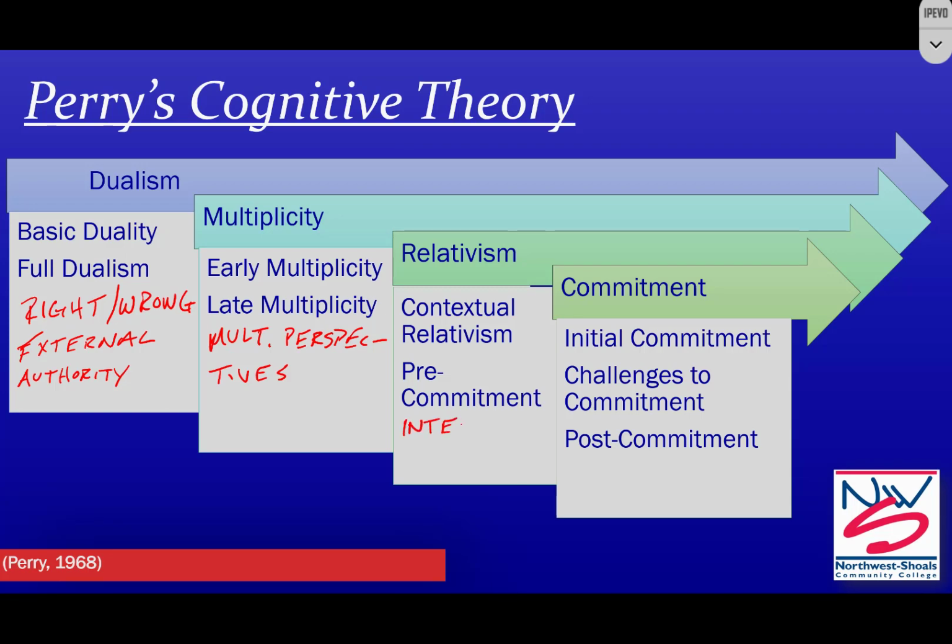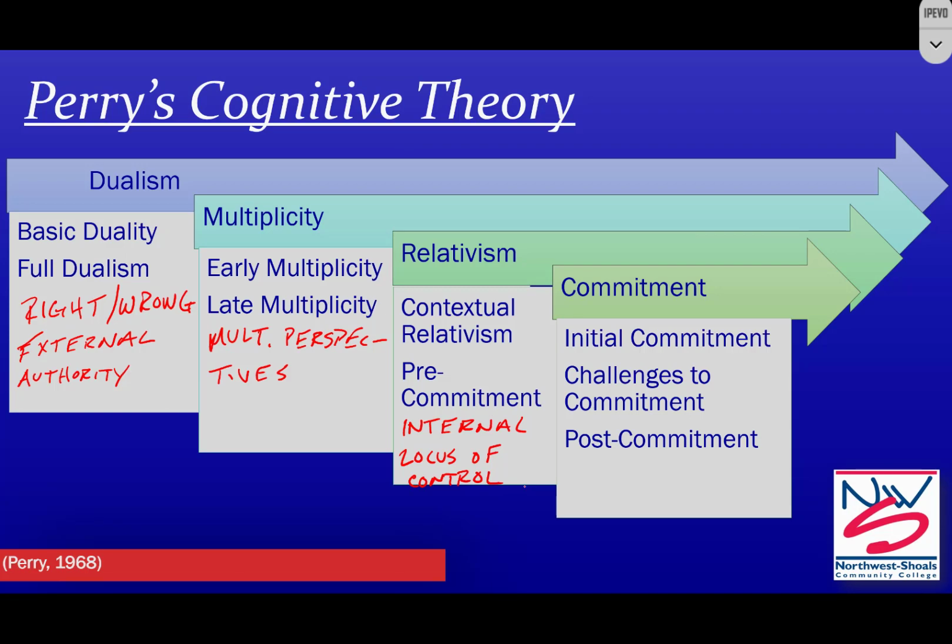So here we develop this internal locus of control, where we no longer have this need to look to external authorities to tell us what is right and what is wrong, because there's not necessarily always a right or a wrong answer, right? Everything is kind of relative to the context of the situation, and very seldom is there ever a very cut and dry right or wrong answer.